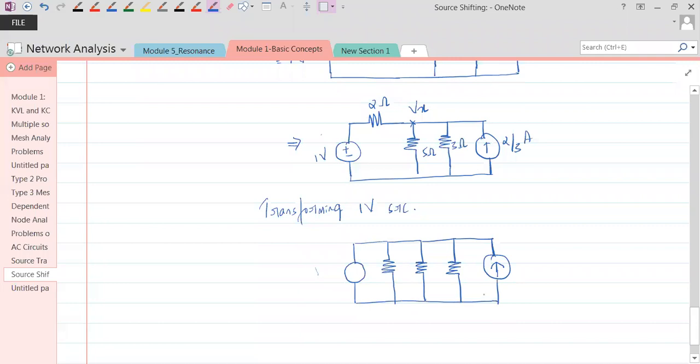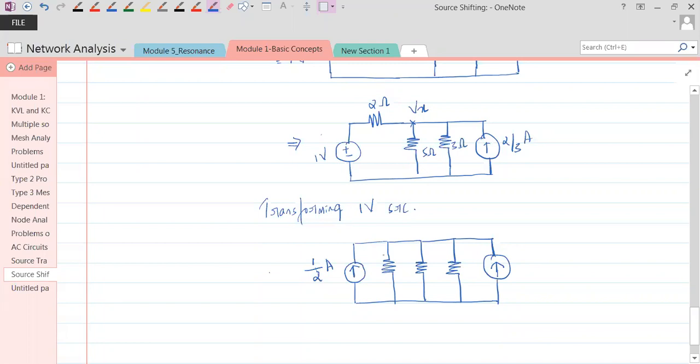This is how the circuit is going to look like. Okay, so this is the current which is flowing upwards. What is this current now? 1 volt in series with 2 ohms. So I is equal to V by R. V by R means it is 1 by 2 amps.